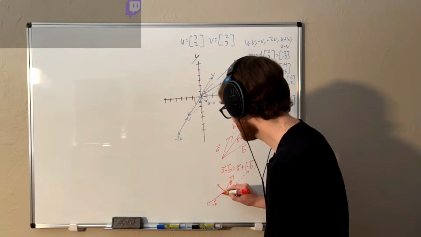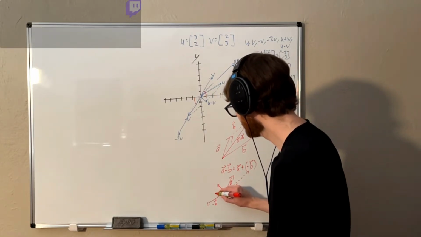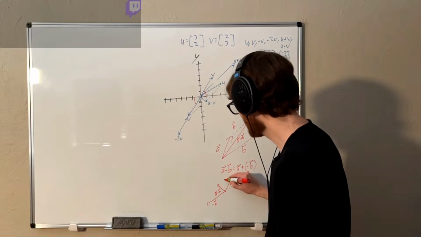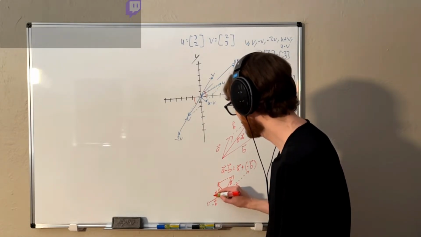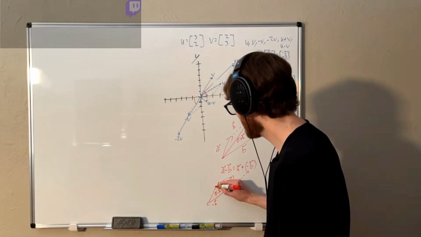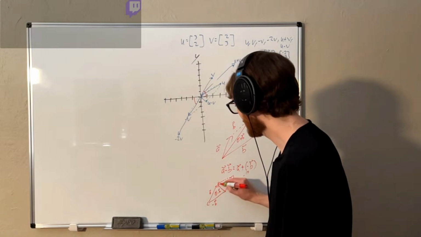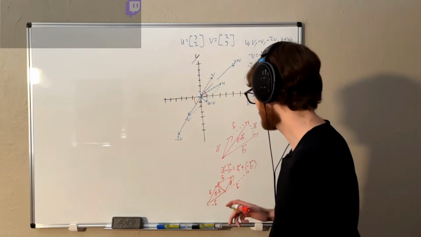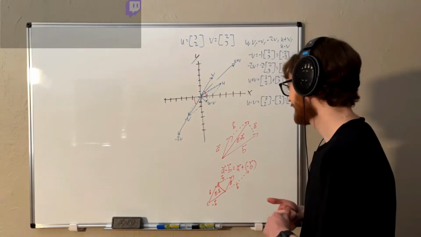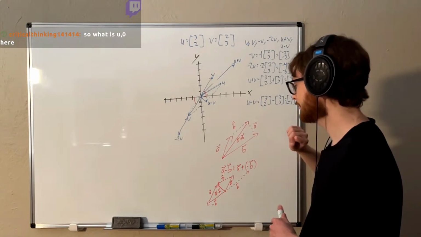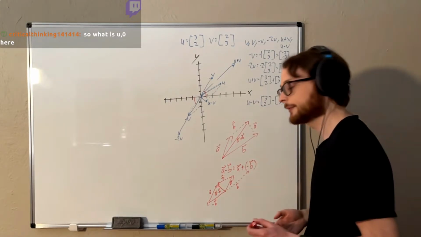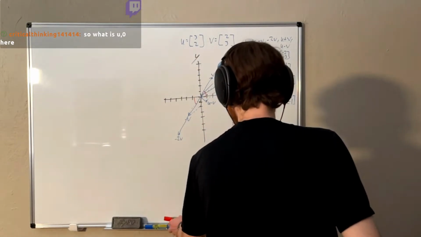I should make that a solid line. So we have another minus b vector there and another a vector there. I didn't quite draw it to proportion, but it's the exact same thing as with addition, but for subtraction you just have to flip the direction of one of the vectors.